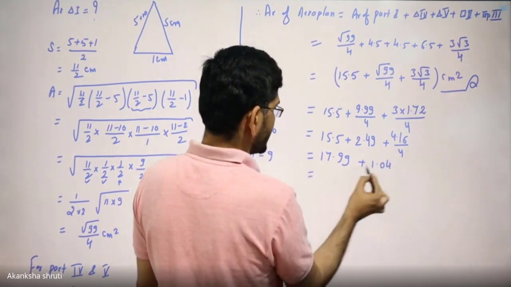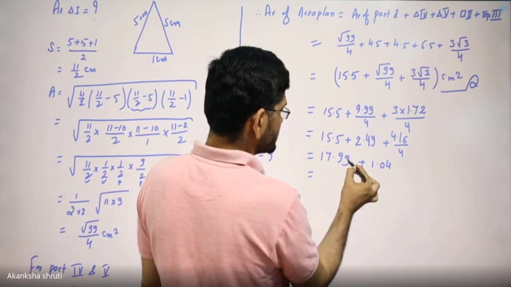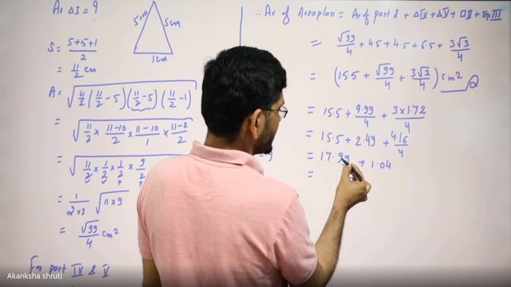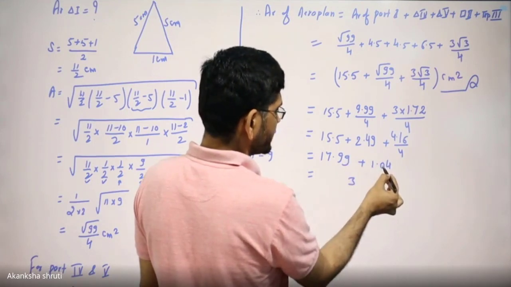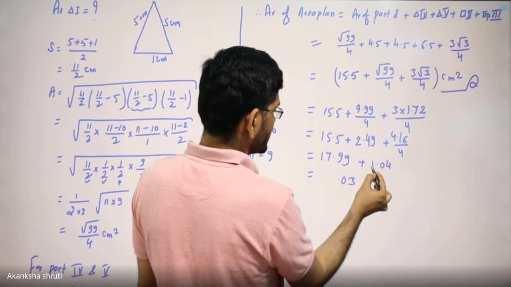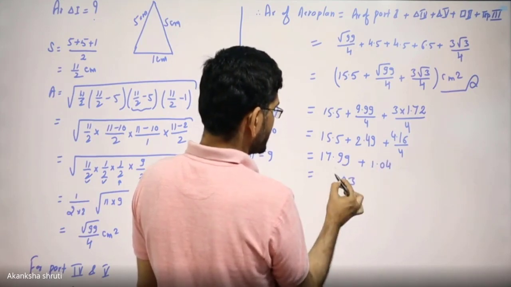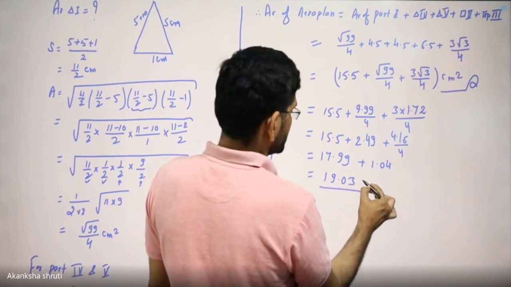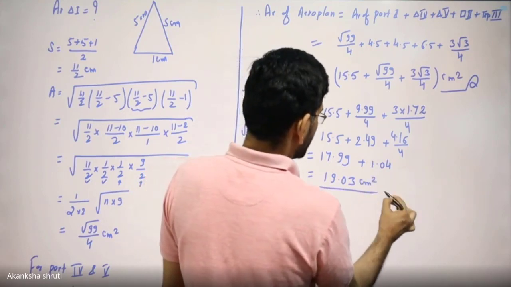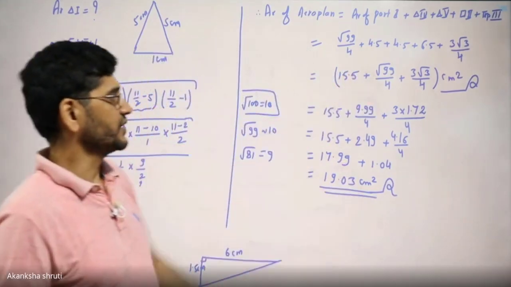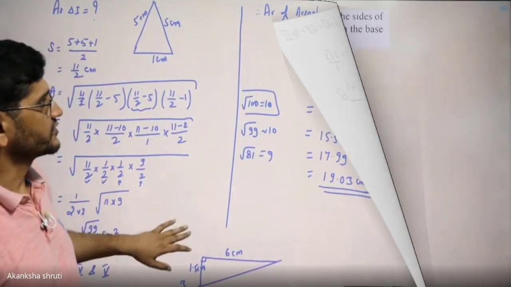Students, here we can go for adding this, 4 and 9, it is our 3, then this is our 9, and carry 1 becomes 0, then again 1 1 2 and 7 9, so 19.3 centimeter square. Okay, in decimal form you can leave it up to here also. Okay. So this was all about this question.